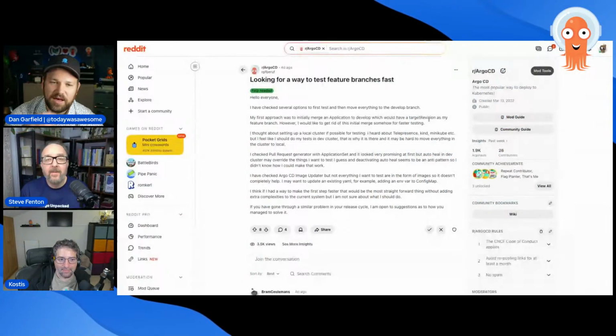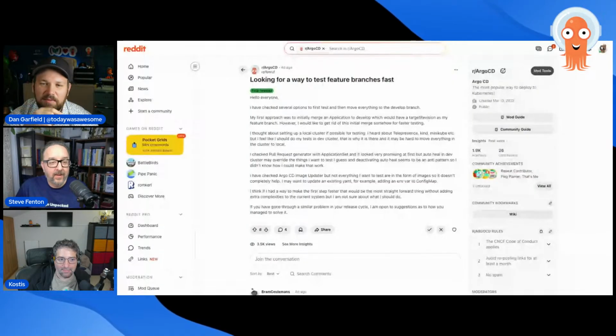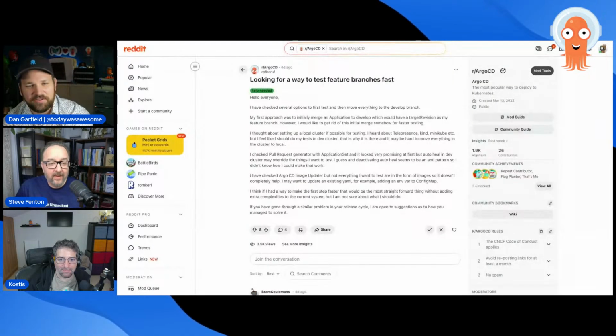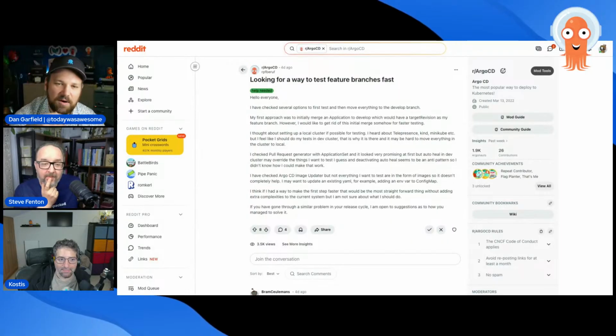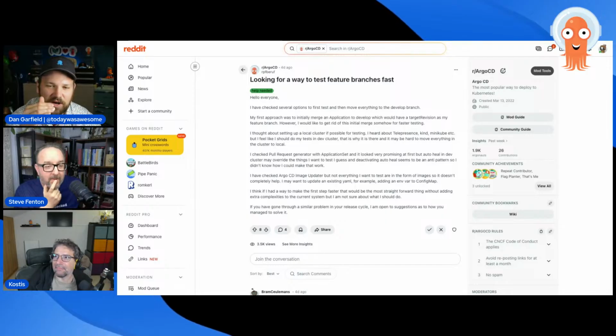What they said, and this is coming from Reddit, by the way, is: "My first approach was to initially merge an application to develop, which would have a target revision as my feature branch. However, I would like to get rid of this initial merge somehow for faster testing. I thought about setting up a local cluster if possible for testing.